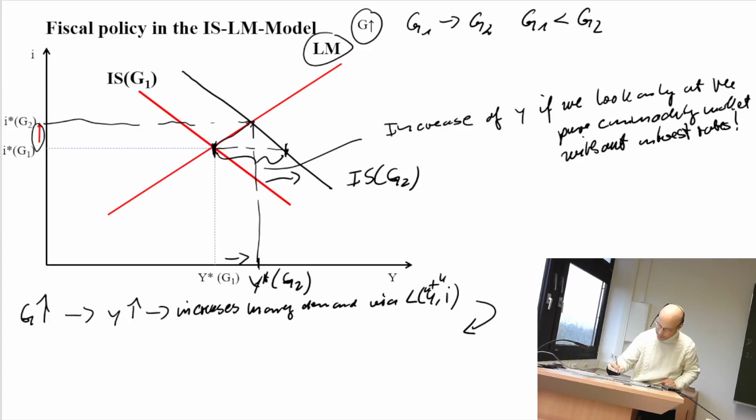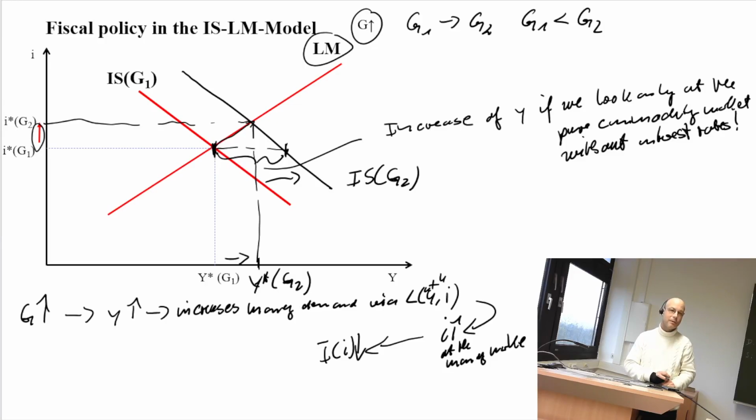This increases i at the money market. Well, and if i has increased, then investment at the commodity market has to fall, because we have also the negative dependence of investment on interest rates.